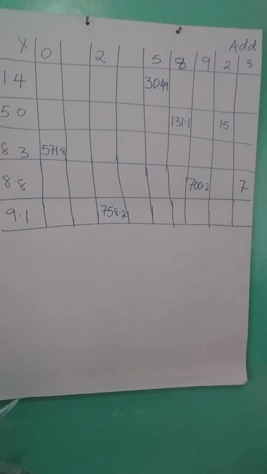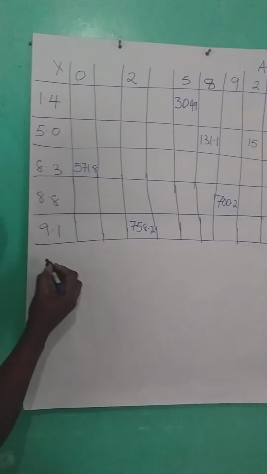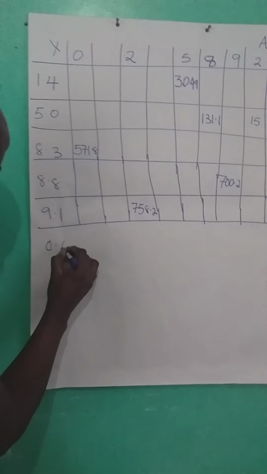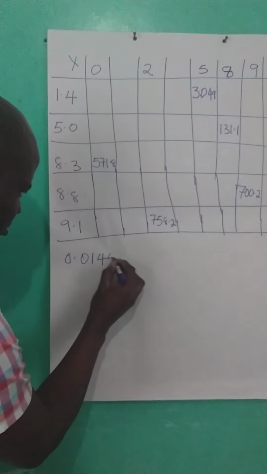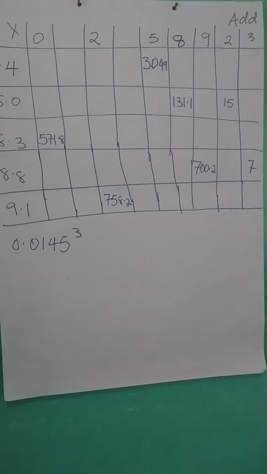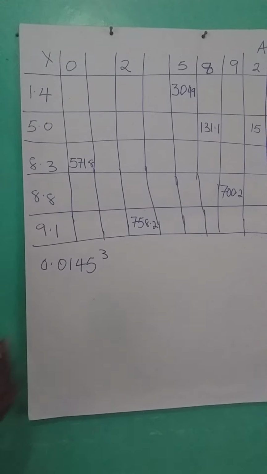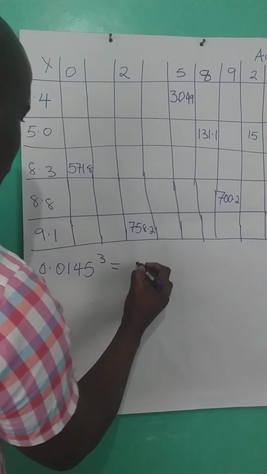So we have the following numbers which we are going to find their cubes. The first one is 0.0145 cubed. As we have said, to find the cube of this number, first of all, we write the number in standard form.